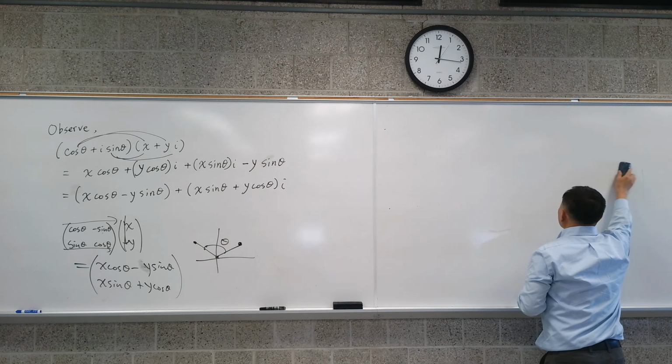This is the i axis, this is the real axis, and there's some complex number. If you multiply this by cosine theta plus i sine theta, the result is that whatever that theta is, let's say this theta is over at this much, then this will be cosine theta plus i sine theta times x plus yi, sorry.